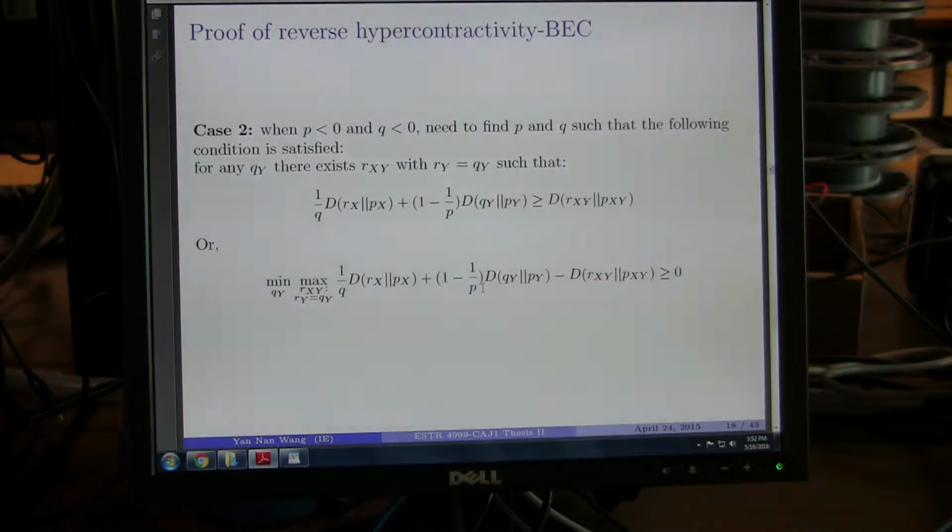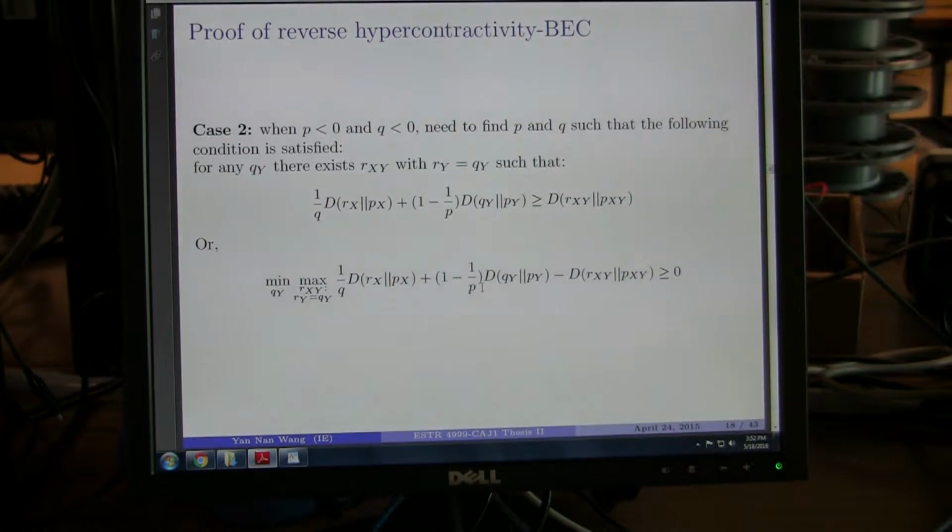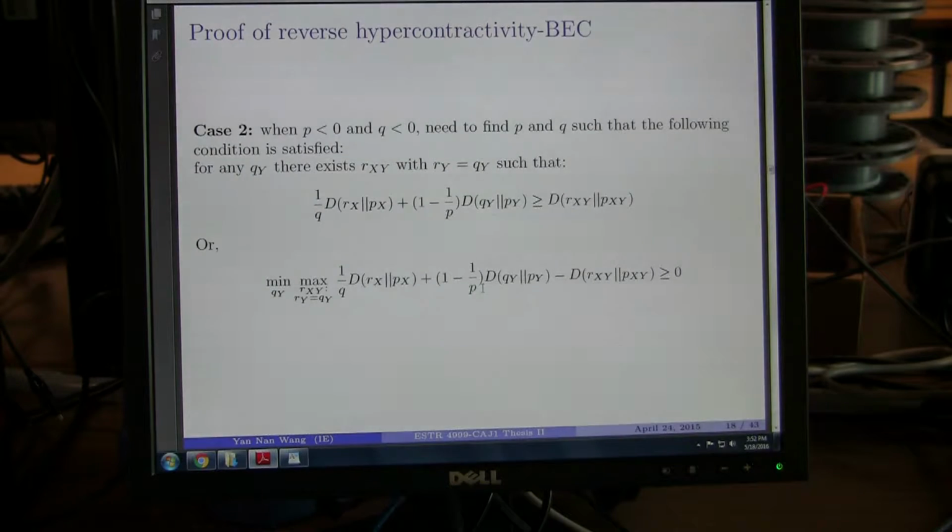Then here is case 2. When P and Q are both negative, we need to find PQ such that the following condition is satisfied. That is, the minimax value of this divergence expression is non-negative.